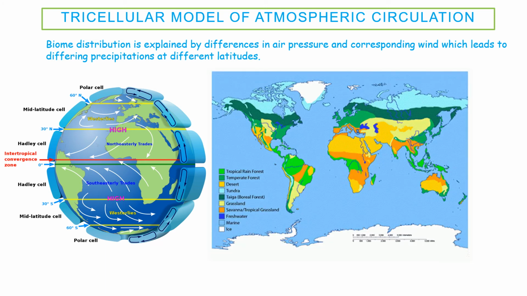So this tricellular model then explains the reason why we have these conditions. So we have areas where there is a high amount of biodiversity because there is a high amount of rainfall, caused by the Hadley cell.